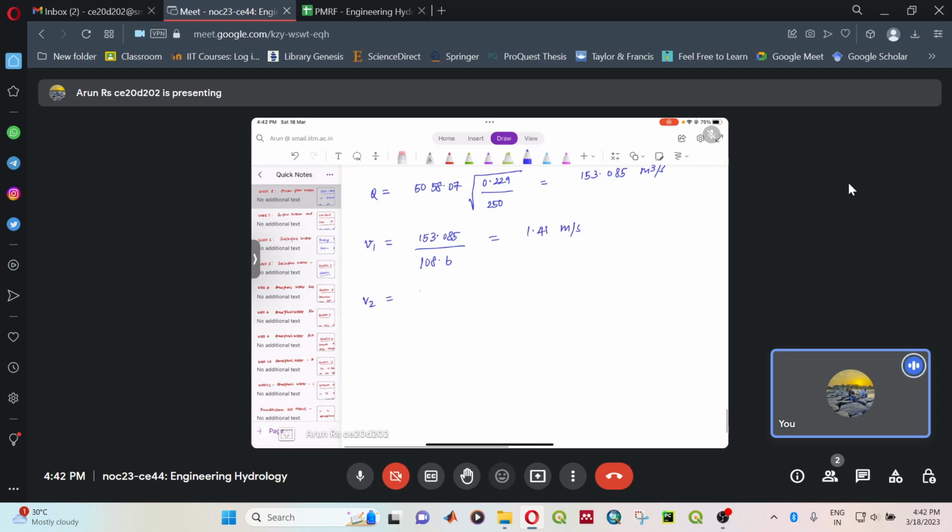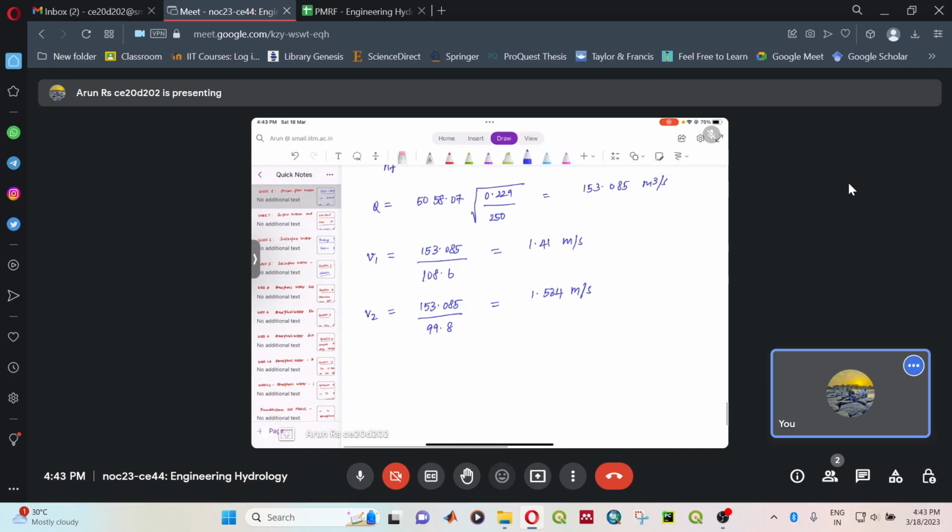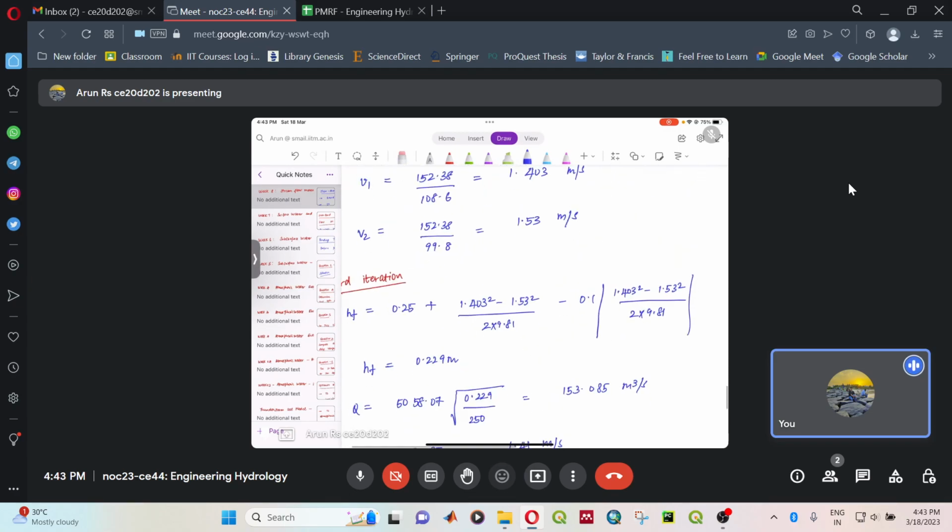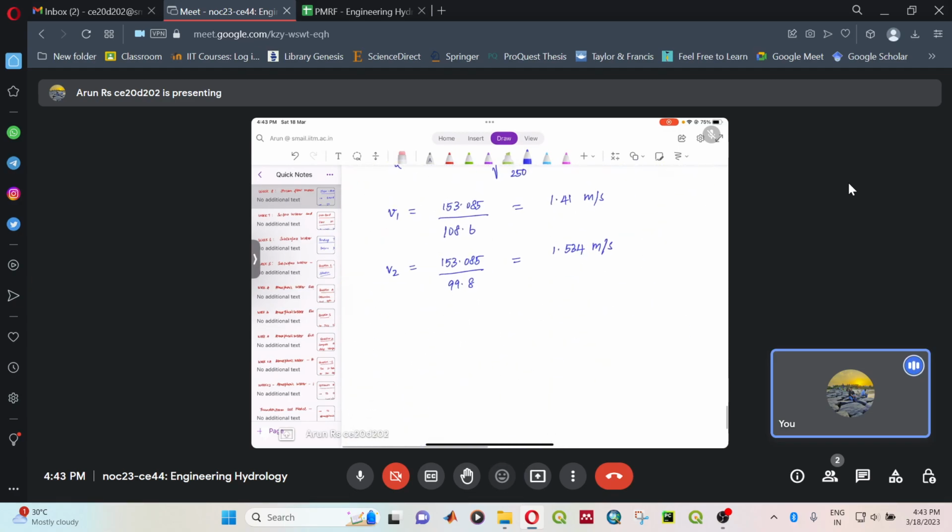So we can find out V2. With respect to the previous iteration, the velocity is more or less similar. So let us do one last iteration and we'll see what is the result, just to be sure.